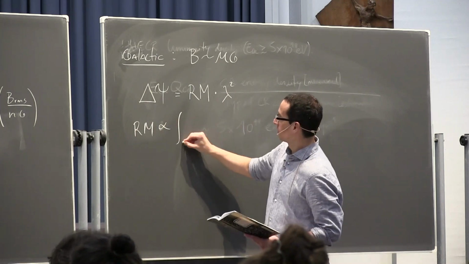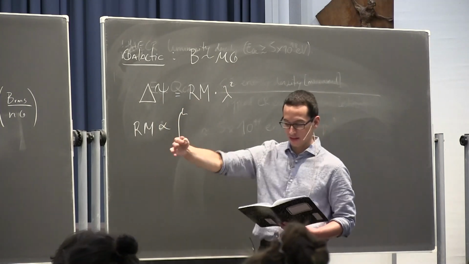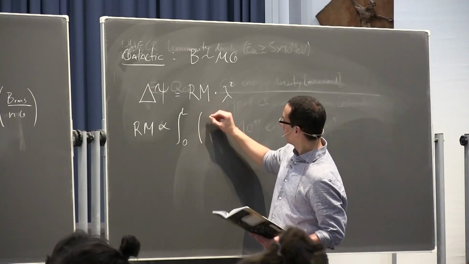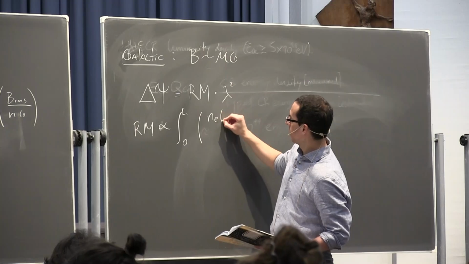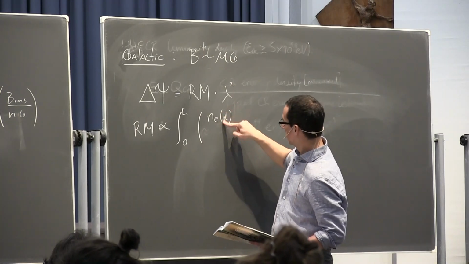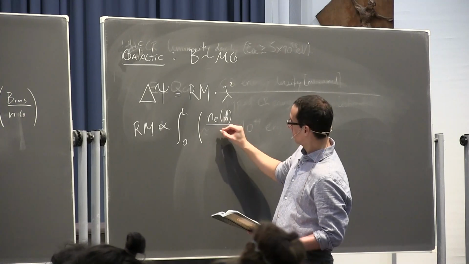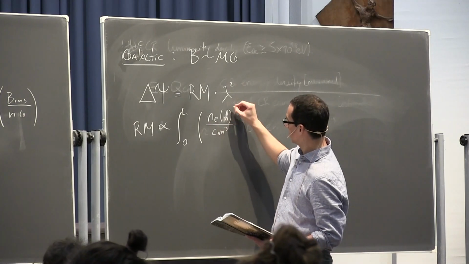So you're going from 0 to the size of the region you're crossing. This is the number density of electrons, in cubic centimeters.